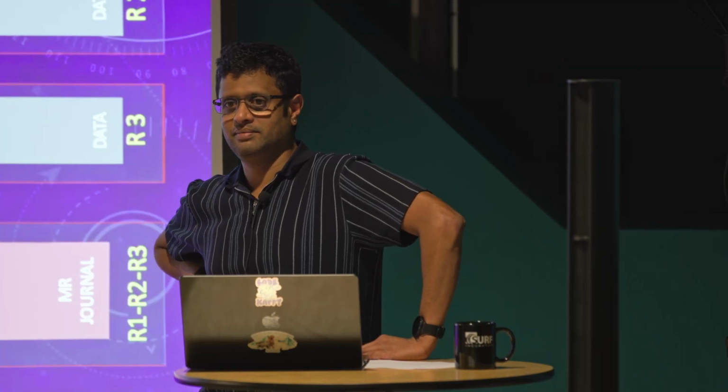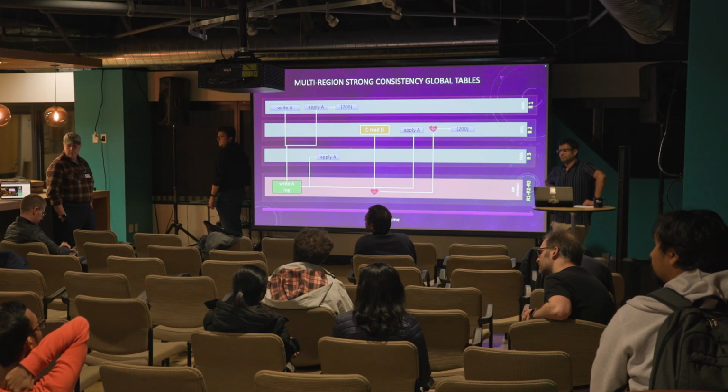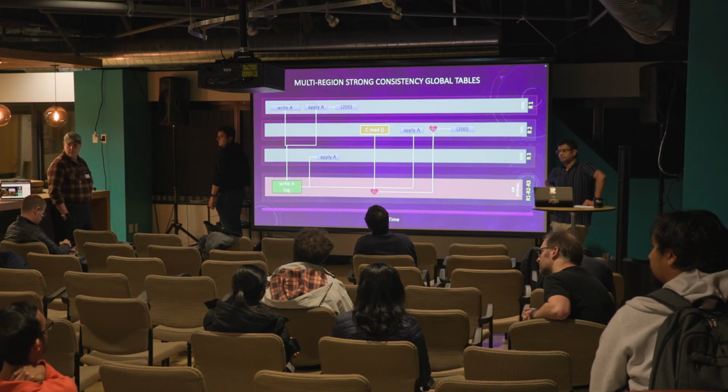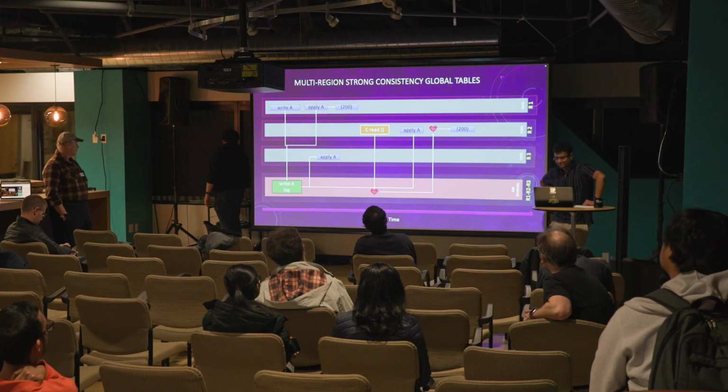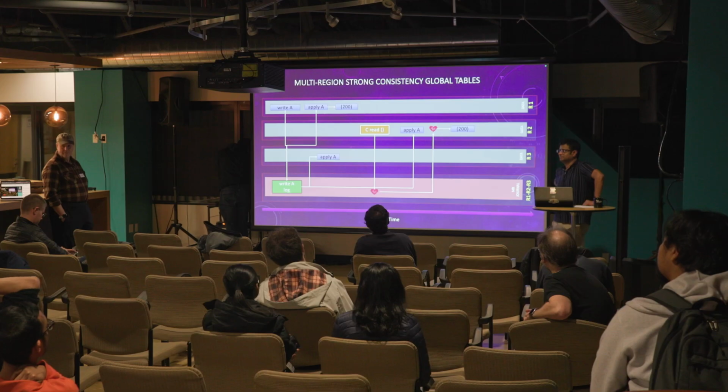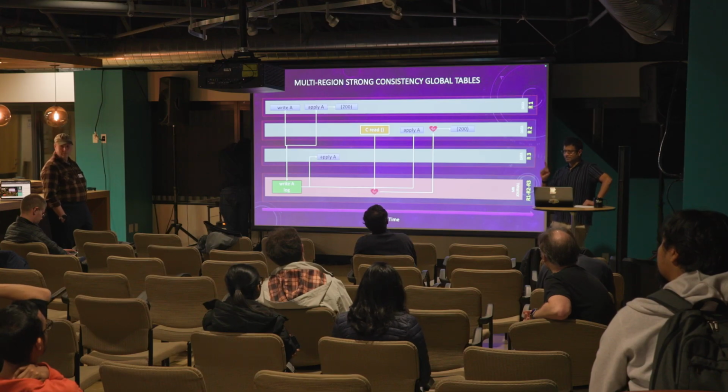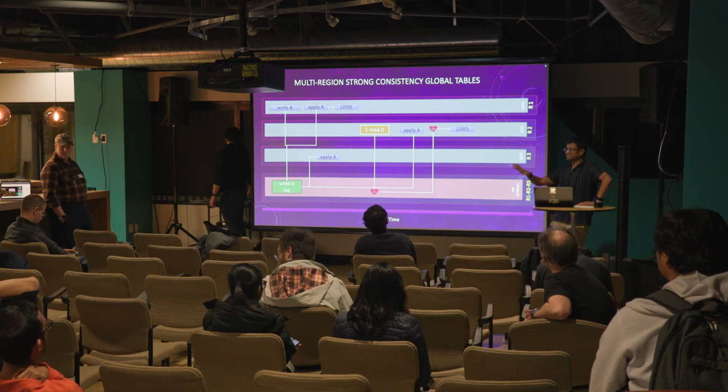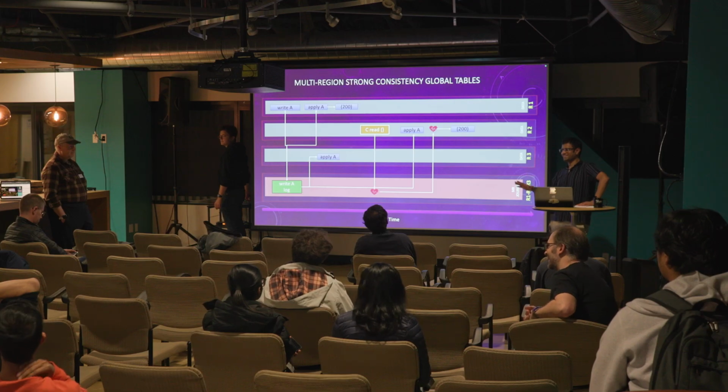This is just a hypothetical scenario, but one of the applies could drop. Say by sending from the journal to R2, there are 10 different applies which you need to do for A, and one of them gets dropped or something. Is there a way to do some kind of verification of that? This is Akshat's favorite topic, so I'm going to say yes.